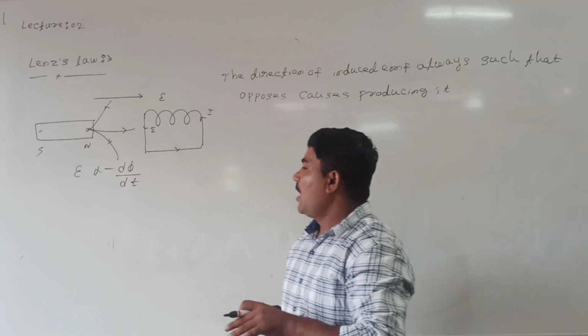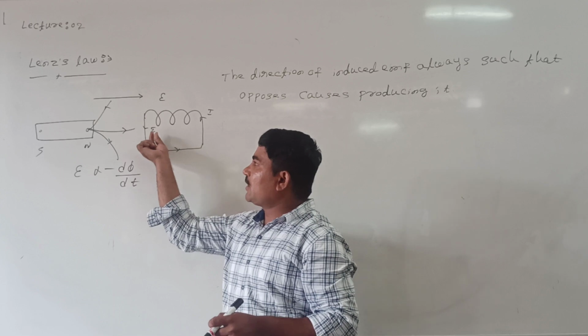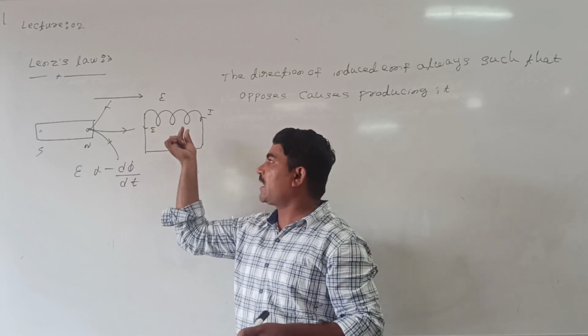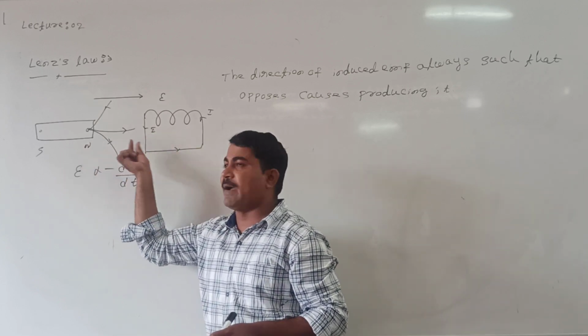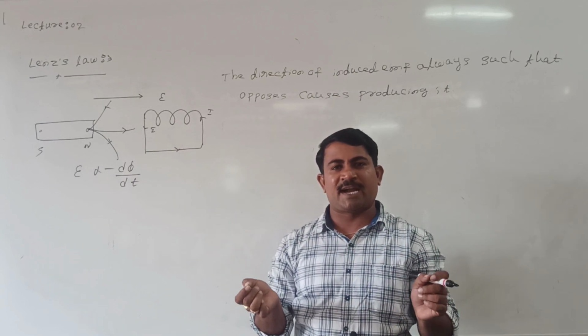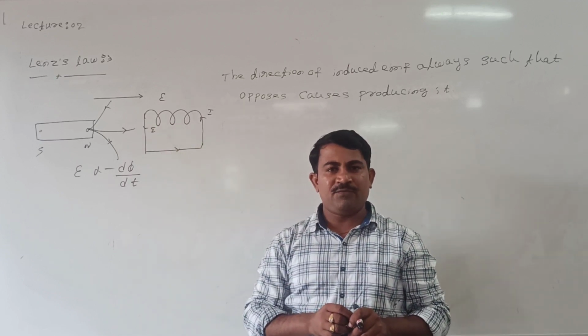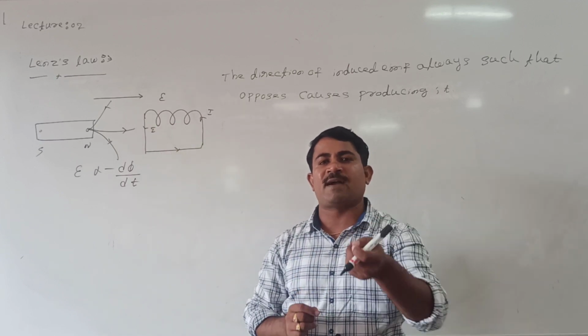Very simple. By what cause is this EMF induced? By what cause is this current induced? This current is induced by moving the magnet, by changing magnetic flux. Simply, Lenz law says that the induced current or induced EMF opposes the change in magnetic flux.